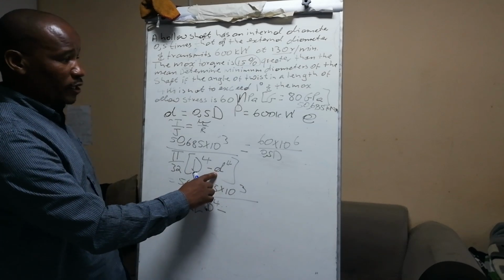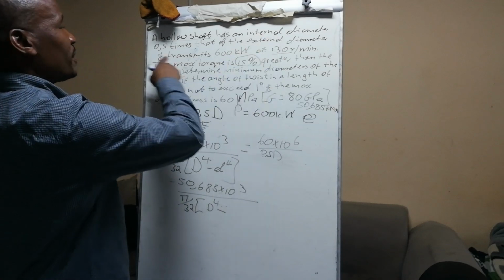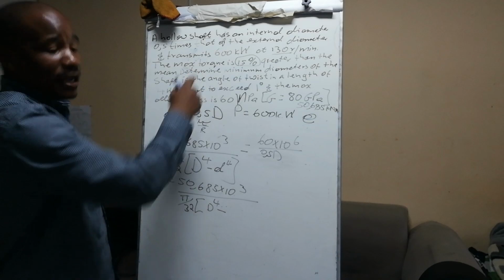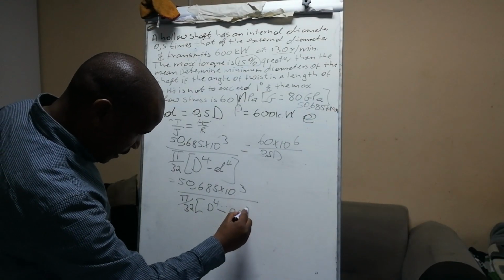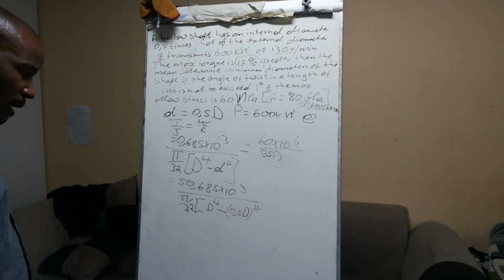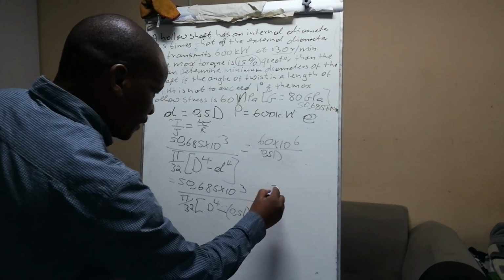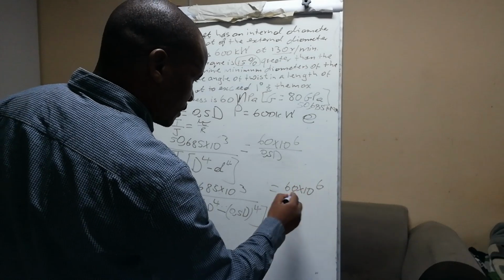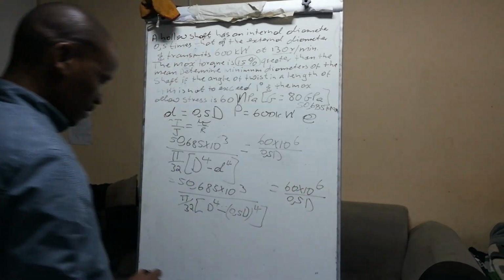But you are told what d is: the internal diameter is 0.5 times that of the external diameter. So it is 0.5 D to the power 4. And it's equal to 60 multiplied by 10 to the power 6 divided by 0.5 D.